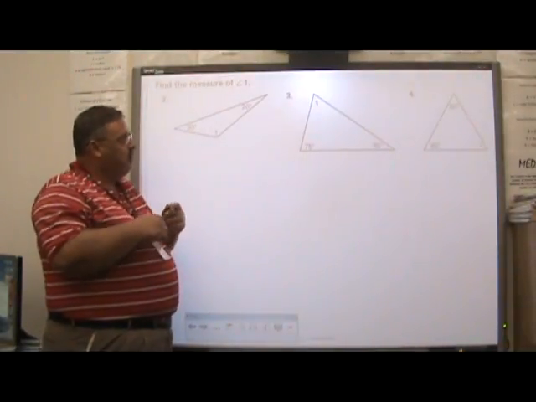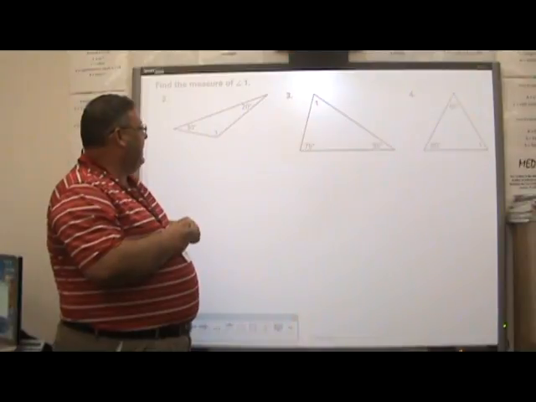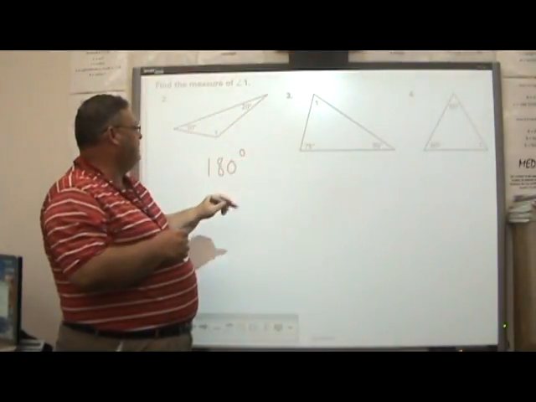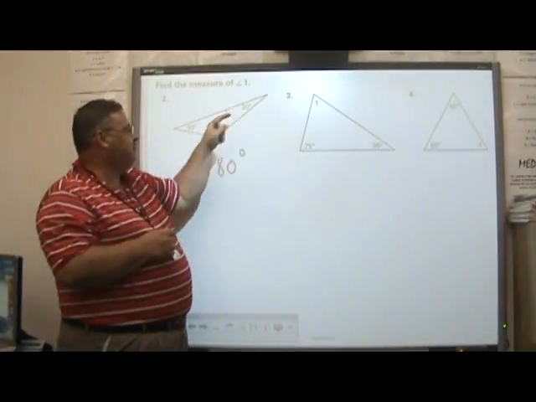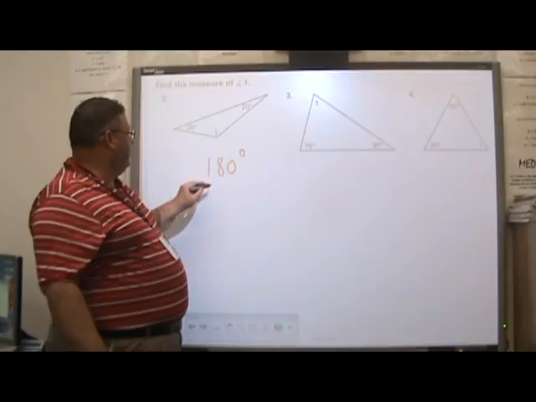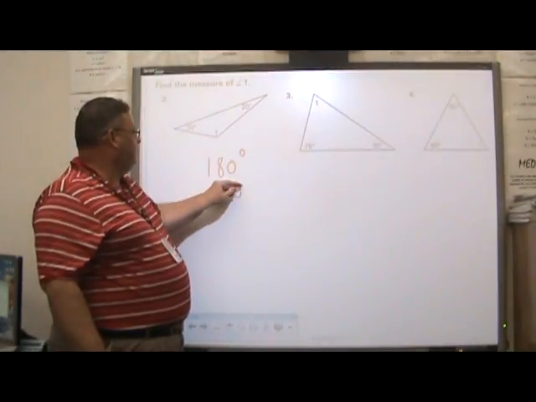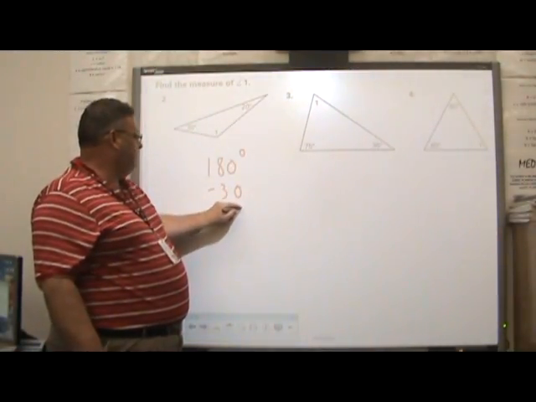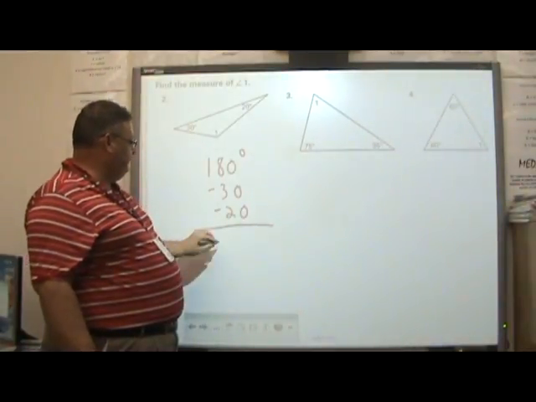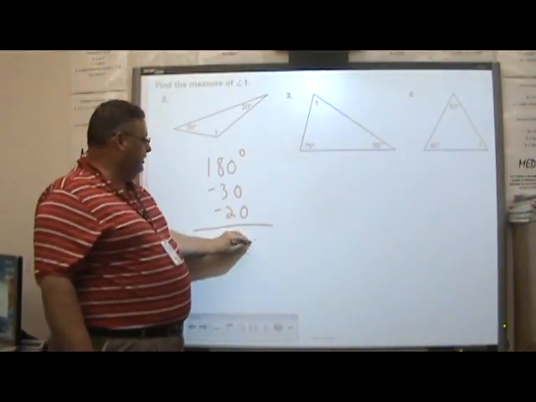Okay, moving on. What if I have to solve for it? I know that all 3 angles of a triangle add to 180, so I'm going to subtract the ones I know to find the one that I didn't know. So 180 minus 30 minus 20. 30 and 20 is 50, and 180 minus 50 would be 130 degrees.